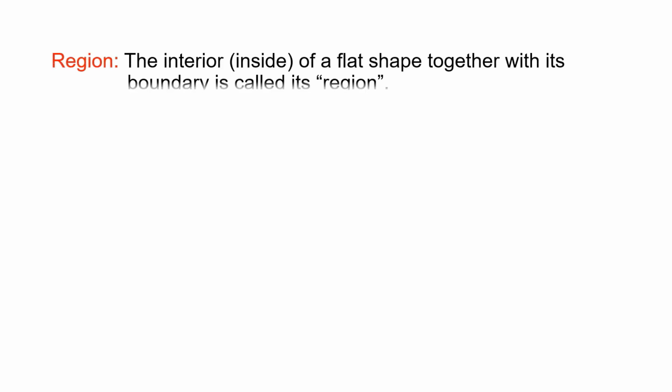Let us find out what is meant by area. Before understanding the term area, let us know what is the meaning of region. The interior inside of a flat shape together with its boundary is called its region. Let us see this picture.